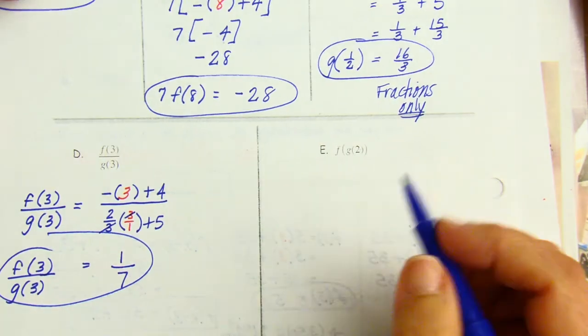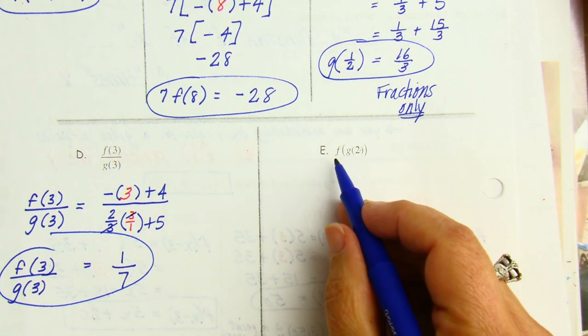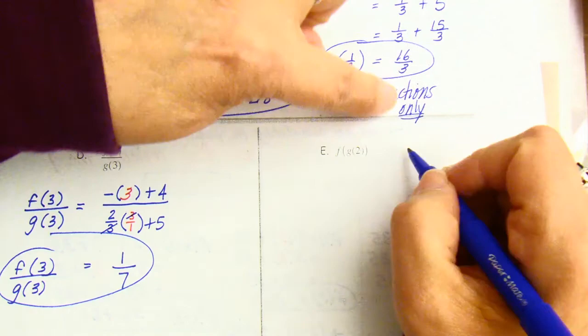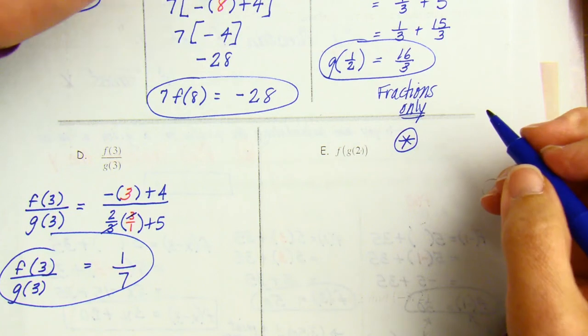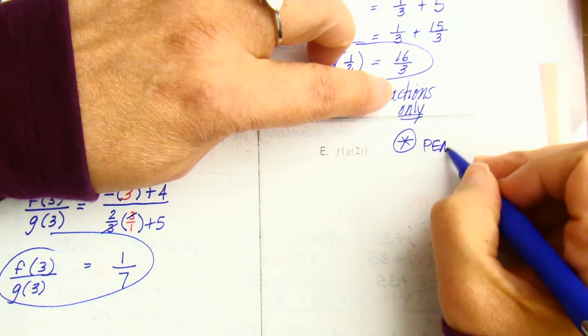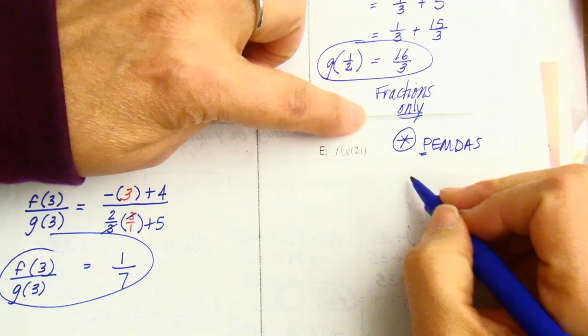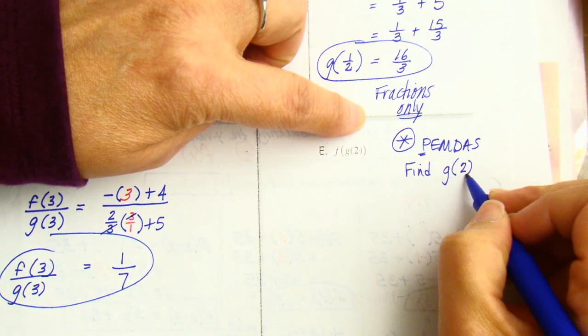This one looks a little crazy. F of g of 2. Folks, you have to do the inside first, just like PEMDAS. You do what's inside the parentheses first. Okay, so I'm going to find g of 2 first.